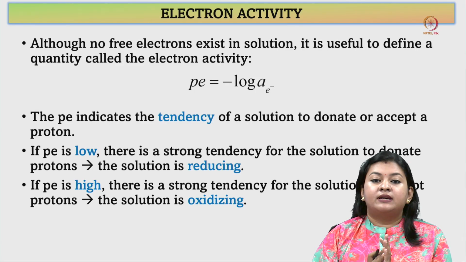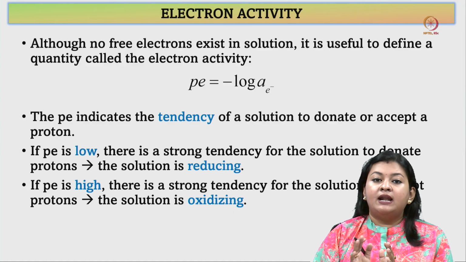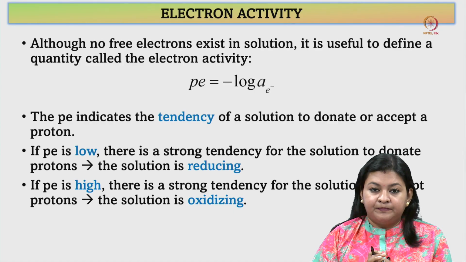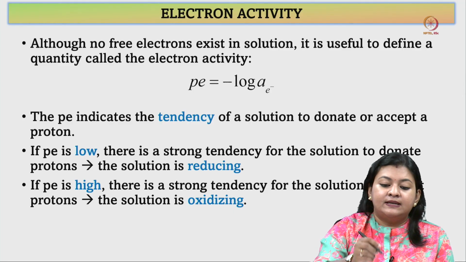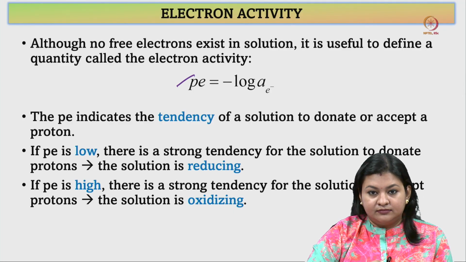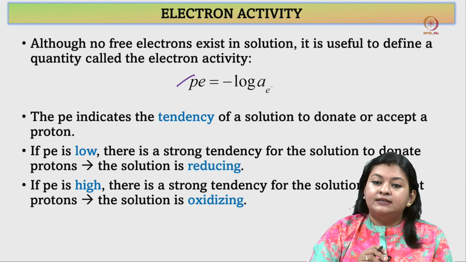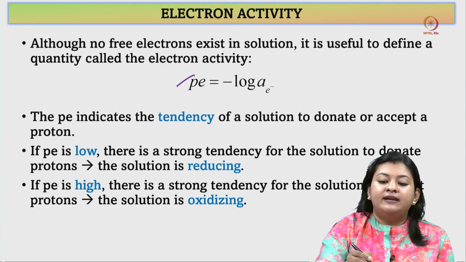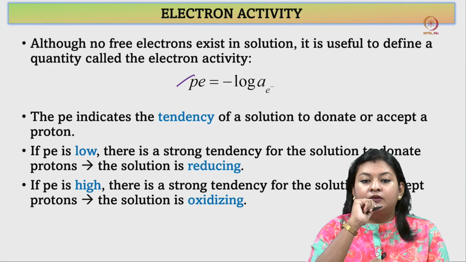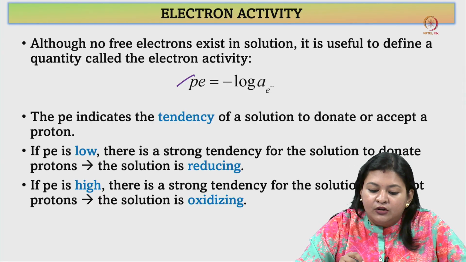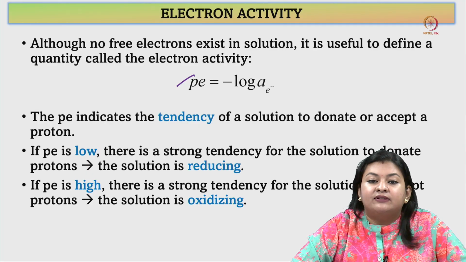Similarly, in redox reactions, to get an idea of the redox state, we are going to define something called the electron activity, that is pe. It is equivalent to pH: it is minus log of the electron activity.